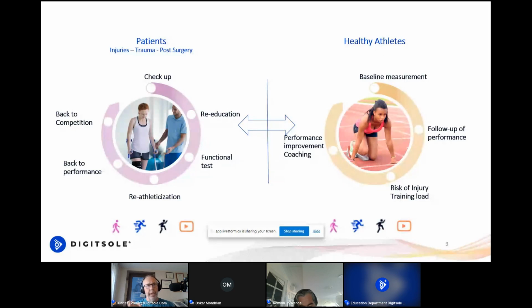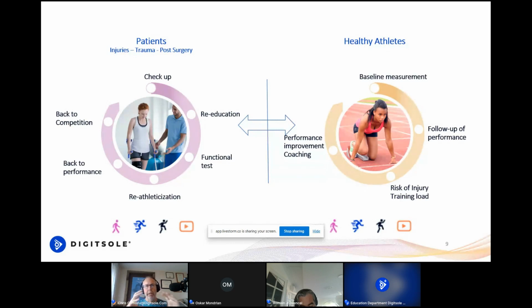Because these tests are now a little bit more specific and detailed, they've been around long enough that the research has also allowed us to prove that these tests can be used in the healthy population as a performance analysis, as well as a baseline tool. That way, if someone does get injured, we know where to bring them back to after the rehabilitation process.